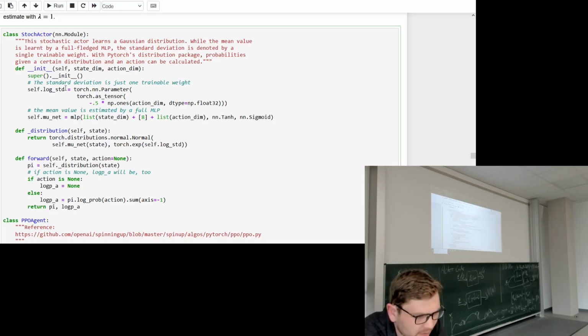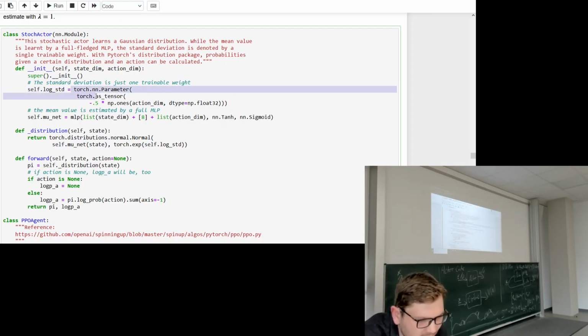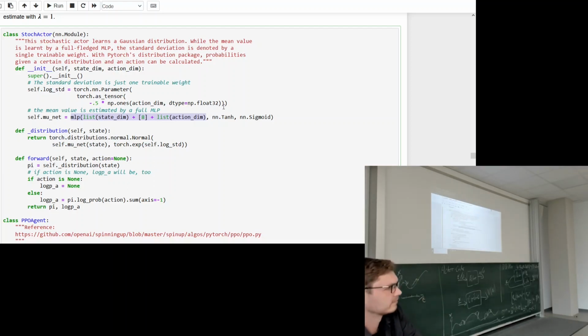For the stochastic actor, we have as output the log standard deviation, so something that is the logarithm of the standard deviation. I think this is just fine to accept. And then we have a multi-layer perceptron in there to calculate the mean of a Gaussian distribution.